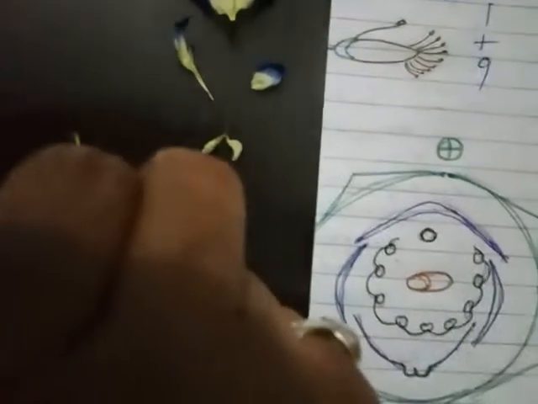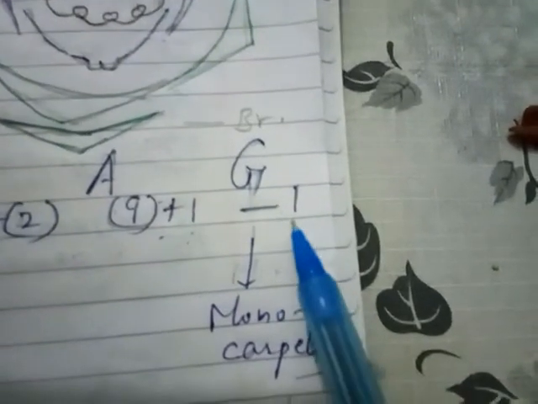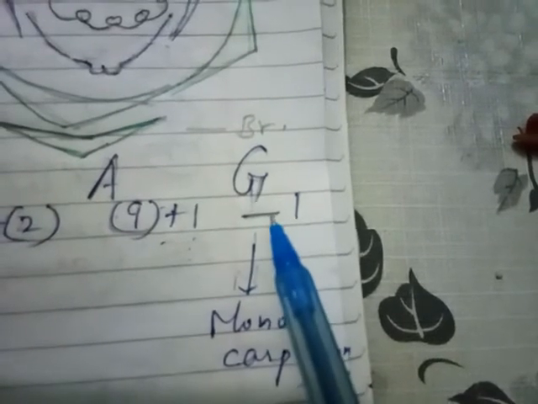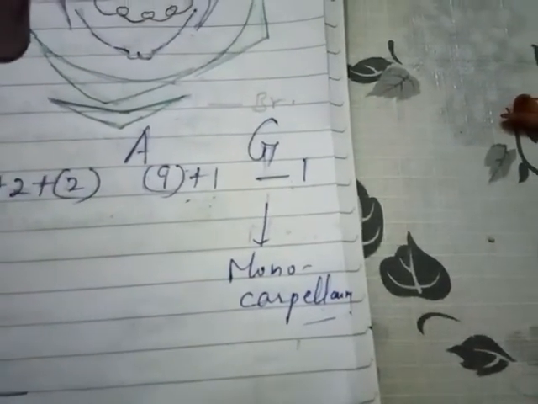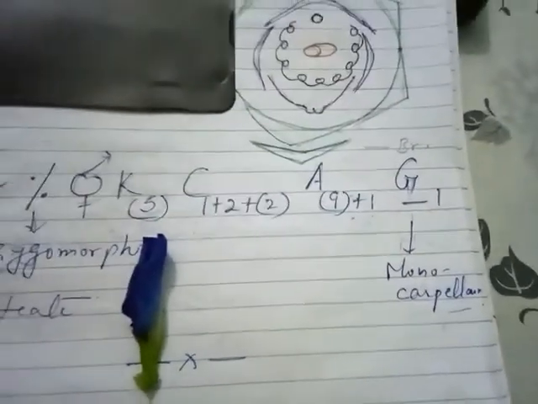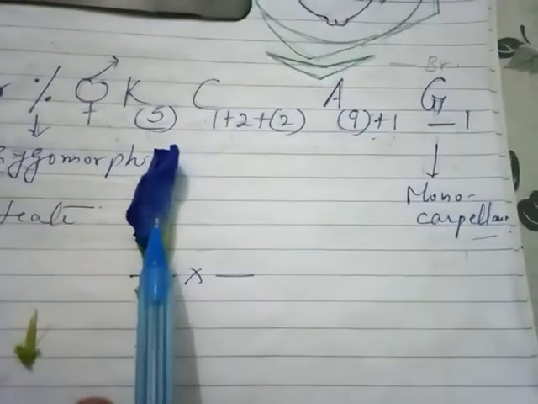Androecium is 9 plus 1. Then gynoecium is 1 and the line is drawn below the alphabet G, so it is monocarpellary and superior. So these are the floral diagram and floral formula of Datura and butterfly pea flower.